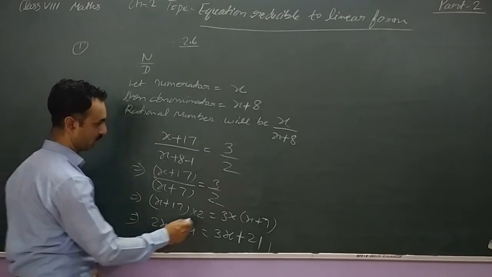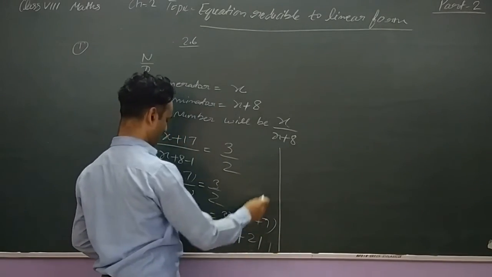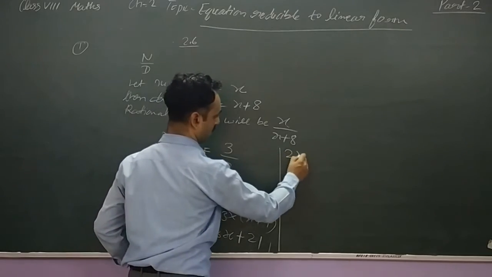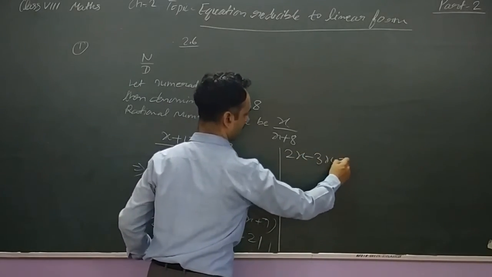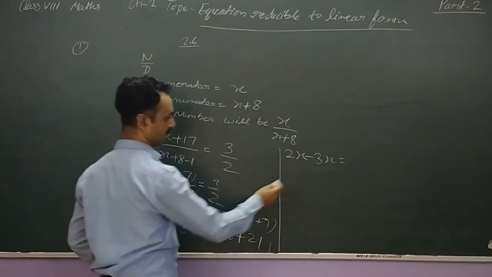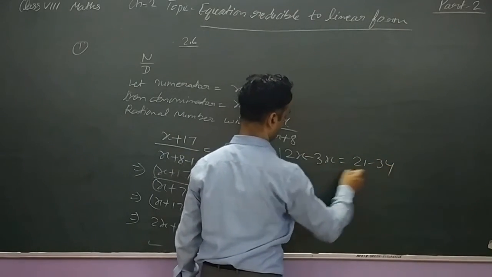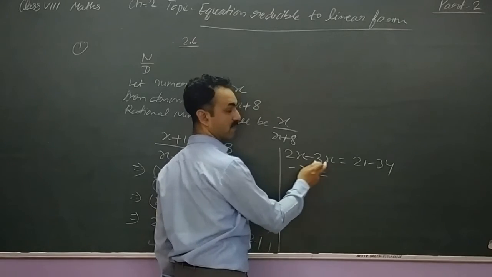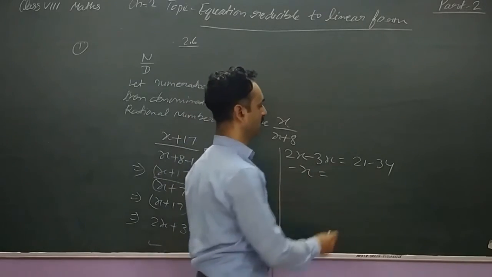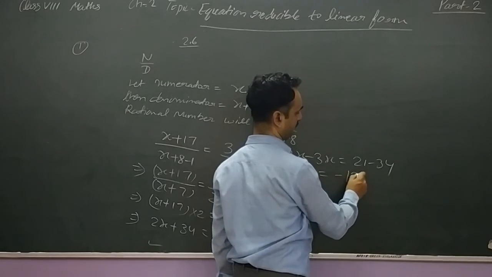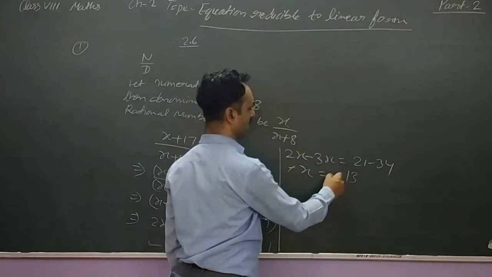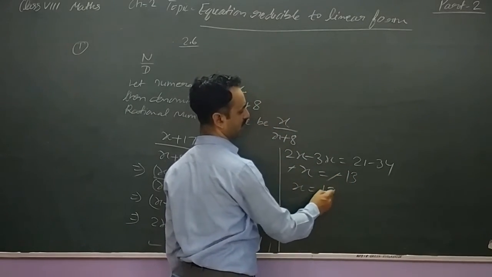So now I am solving here. 2x, this 3x will come here, minus 3x, it equals 21 minus 34, 2x minus 3x, minus x, 21 minus 34, minus 13. So minus minus cancel, x equals 13.